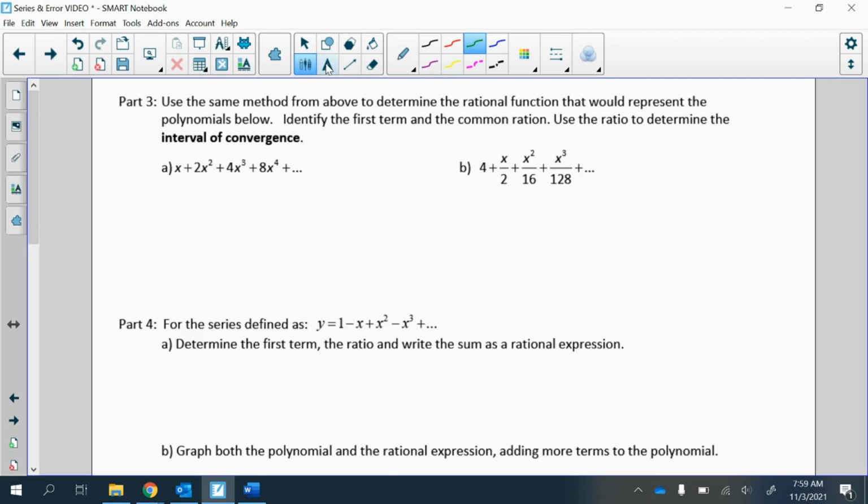Use the same method from above to determine the rational function that would represent the polynomials below. And so let's see what we have here. A1 is x, and r is 2x.